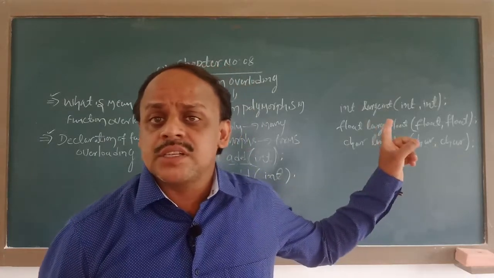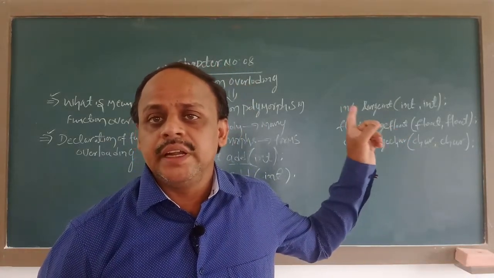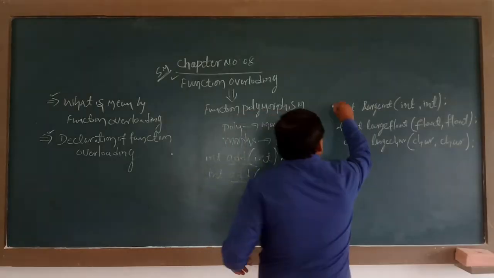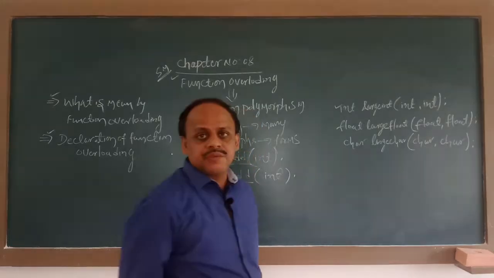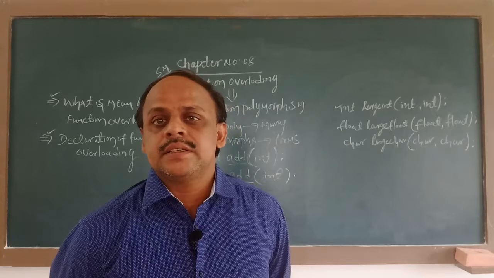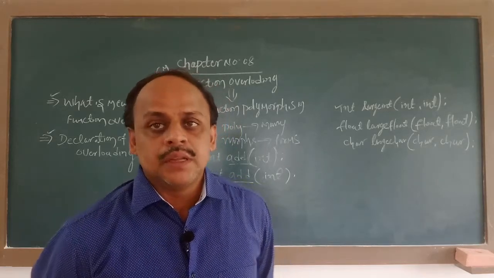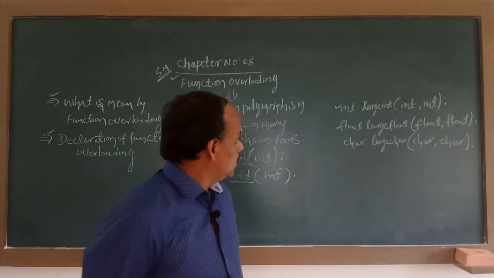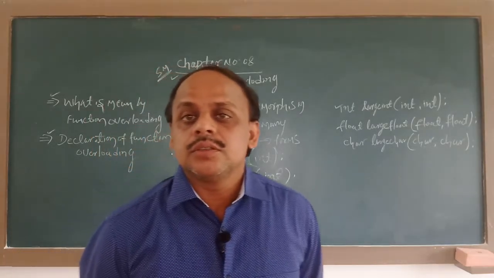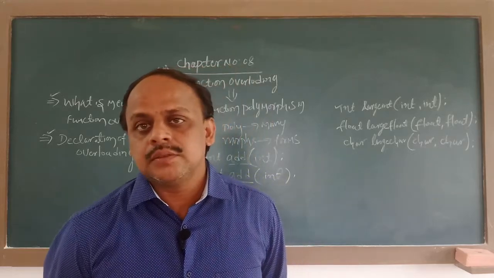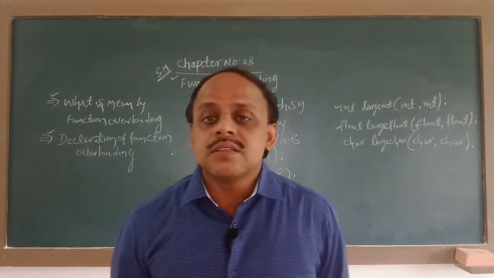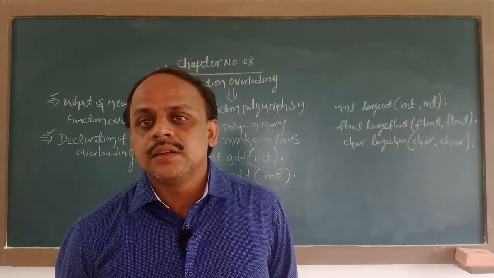So these three functions perform three different tasks. The first function is declared to find the largest of two integer numbers, the second is used to find the largest of two float numbers, and the third is used to find the largest among two characters, right?